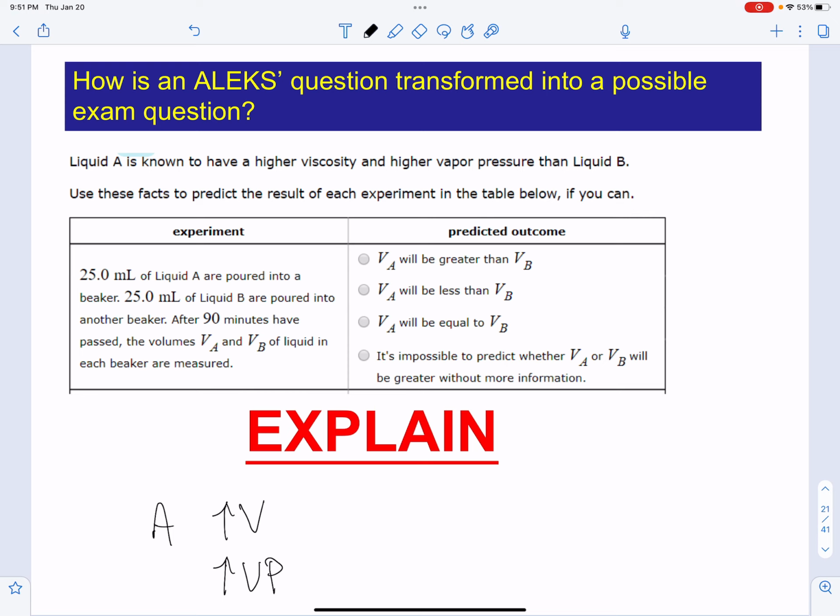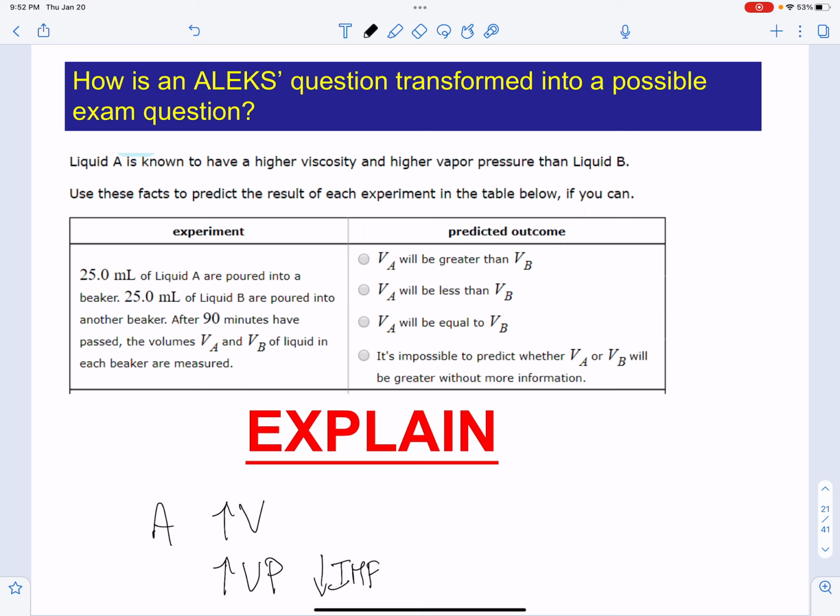If you have a higher vapor pressure, that means that a lot of molecules escape and go into the gas and they put pressure on the surface of the liquid. And so if those molecules can escape that easily, that means that it has low intermolecular forces. That's why the molecules can escape.